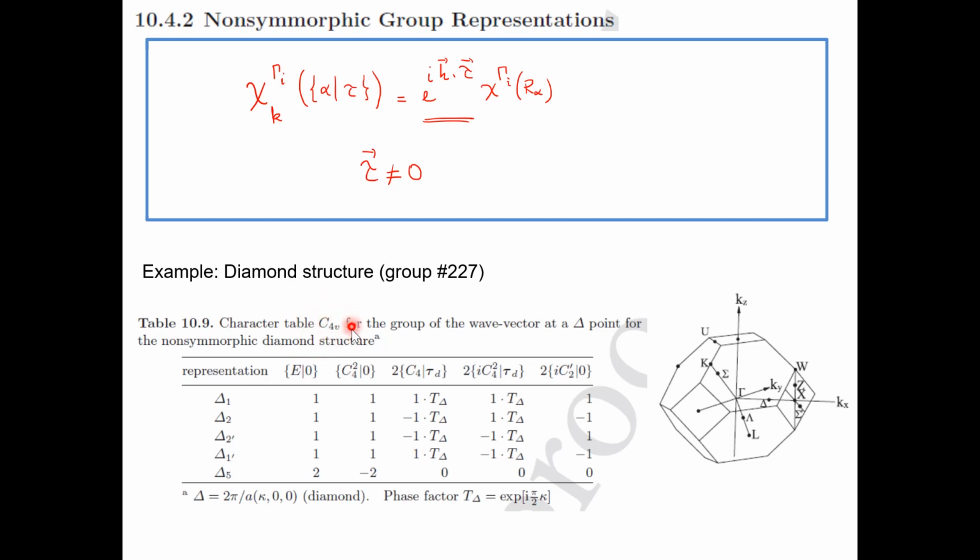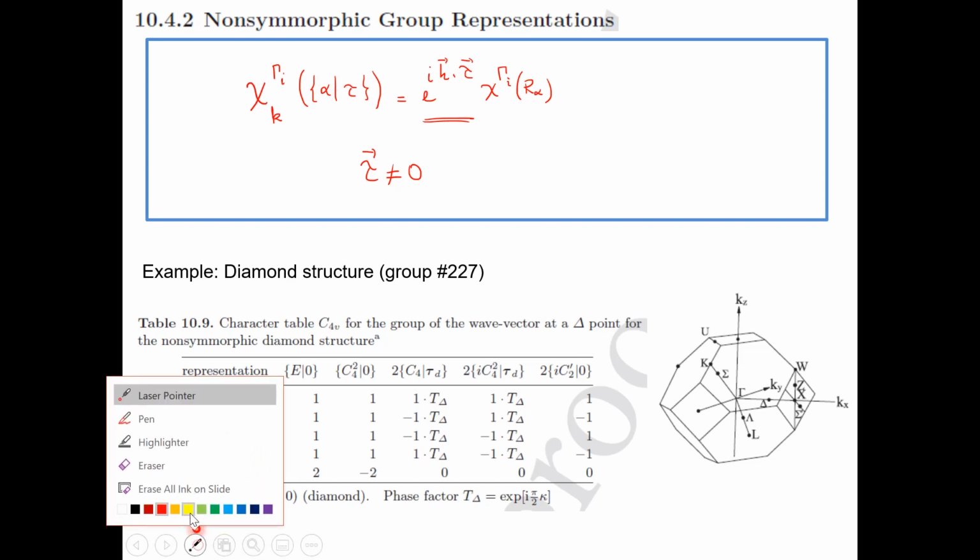So you see that the symmetry is reduced very much with respect to the full cubic group Oh. Now it's C4V. And C4V has these different symmetry operations, and you can see that some of them are compound operations with a translation tau d.